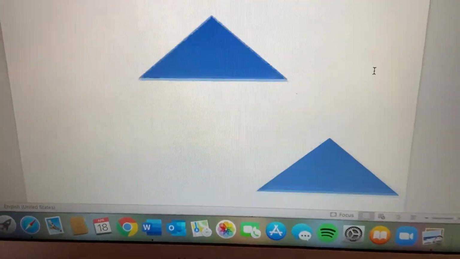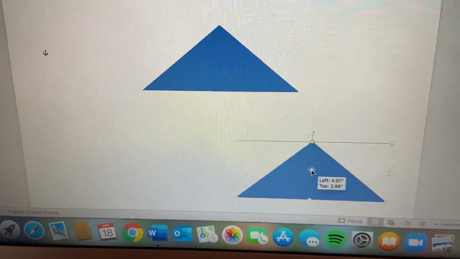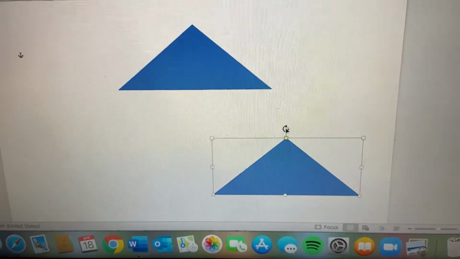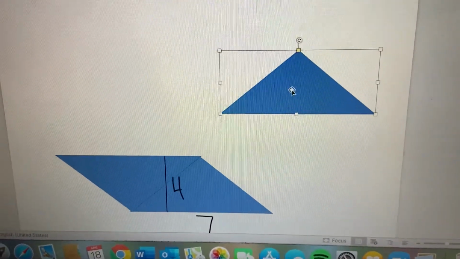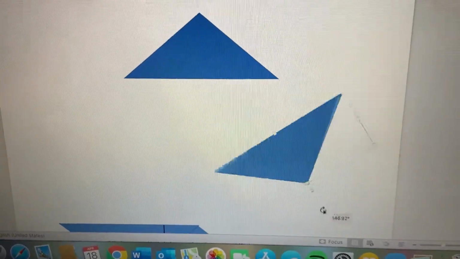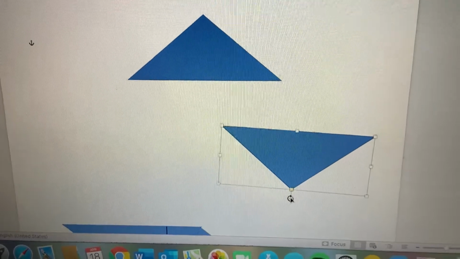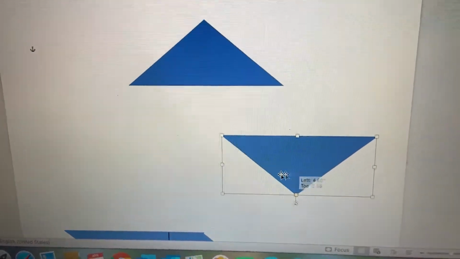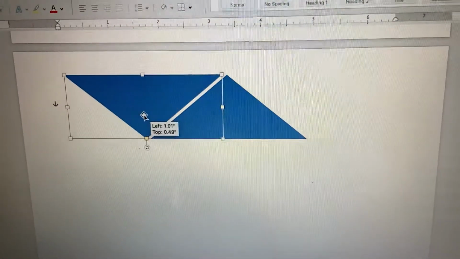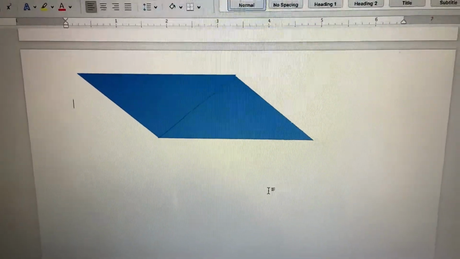So if you duplicate this exact same triangle here, which we did here, and if you rotate it like this, back just a little bit, there we go. If you rotate it like that and put it here, we have a parallelogram.